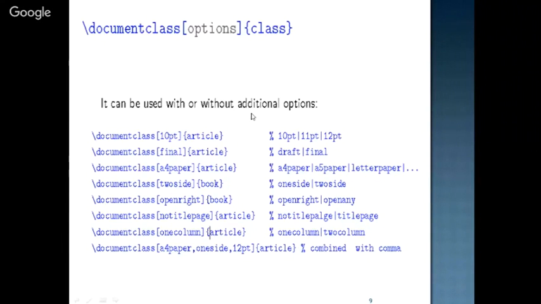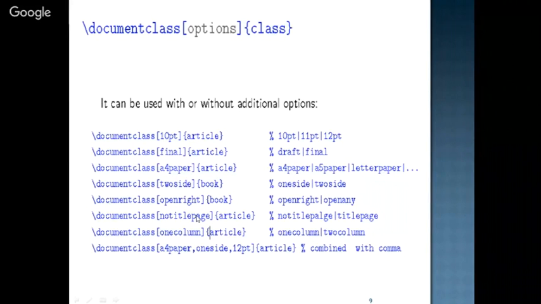In documentclass, there can be some additional options. Like you can define the font size, that is here, as you can see, 10 point, 11 point, or 12 point. By default, it's 12 point. Then you can write whether it's a final draft or it's a final document or it's a draft. You can define the paper size, say A4 size or letter size, or you can write here two-sided paper document or it's one-sided.